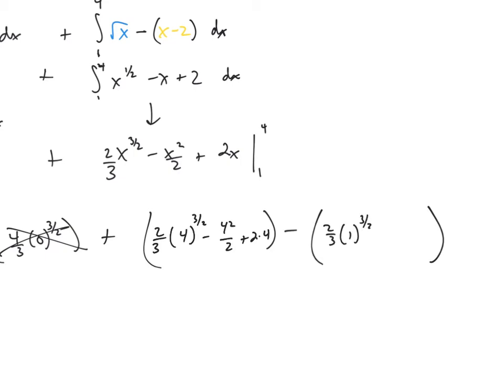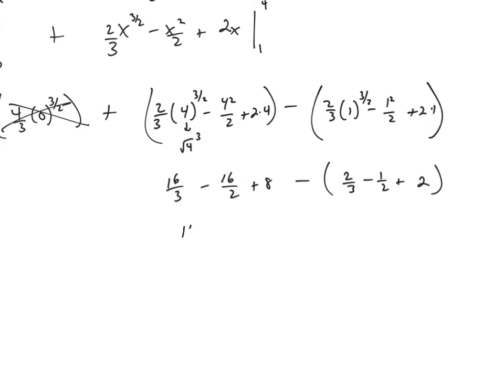Minus 2/3 times 1 to the 3/2 minus 1 squared over 2 plus 2 times 1. And I'm thinking of this 4 to the 3/2 as the square root of 4 cubed. So that's 2 to the 3rd power, which is 8. So I'm getting 16/3 minus 16/2 plus 8. Minus, don't forget your parentheses. And don't we love ones and zeros?